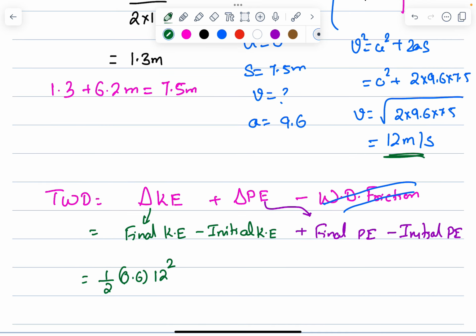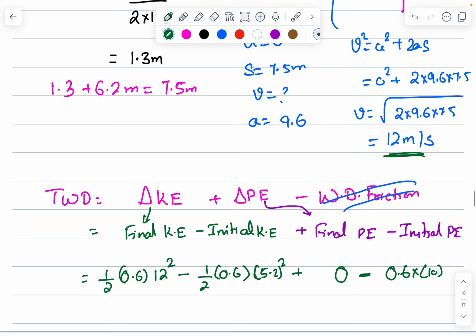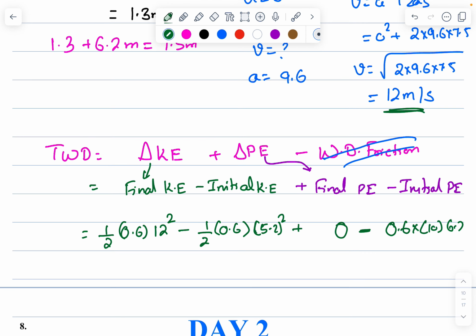Final velocity is 12, minus half 0.6 and initial velocity. What was the initial velocity? We are throwing it up with 5.2 squared, plus final potential energy is going to be 0 because it is on the ground, minus initial potential energy, which is mgh, where h is 6.2.